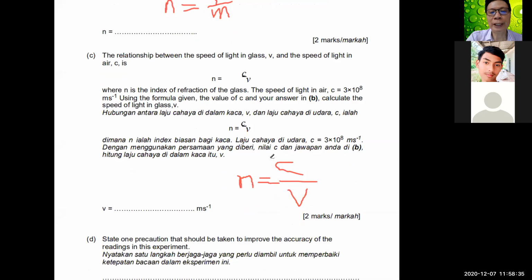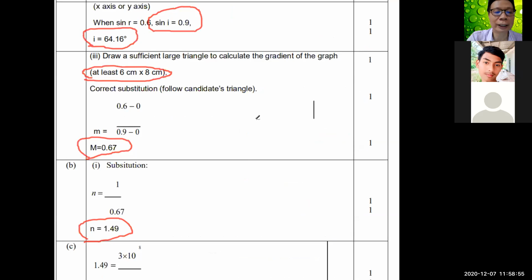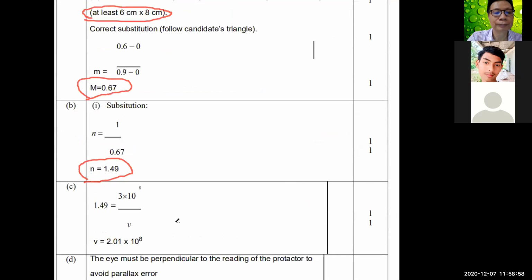The speed of light in the vacuum is given already. This answer is just substitution. Substitute the c, and substitute the n you got from before, to find the v. So very simple, right? You substitute the c, this value, substitute the n, then you find the v. So the answer is like this. Okay, substitute the n, substitute the speed of light in the vacuum, you get v.